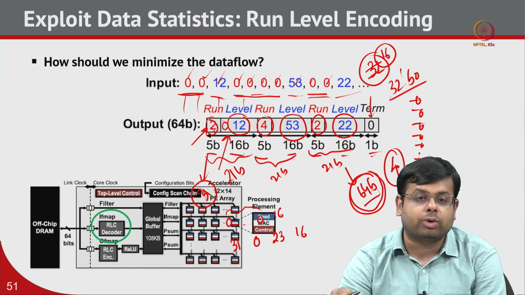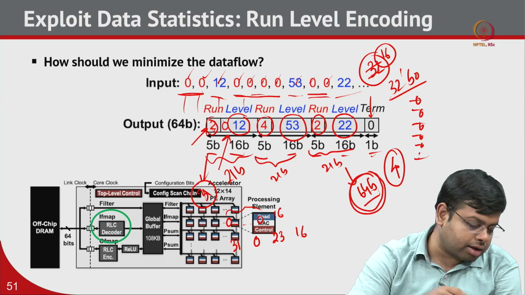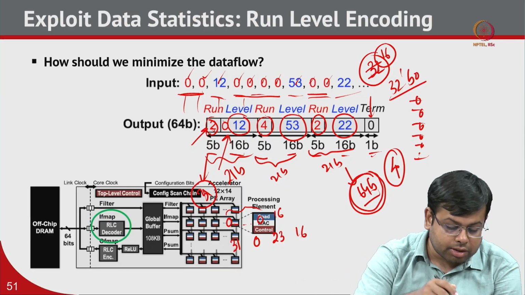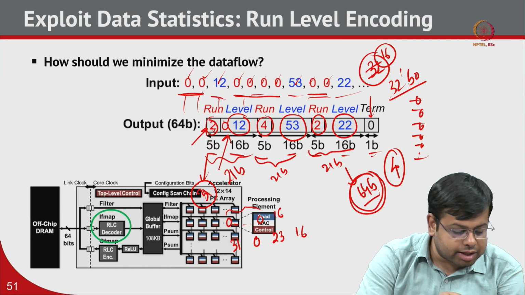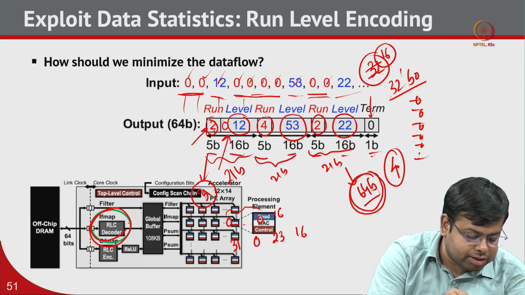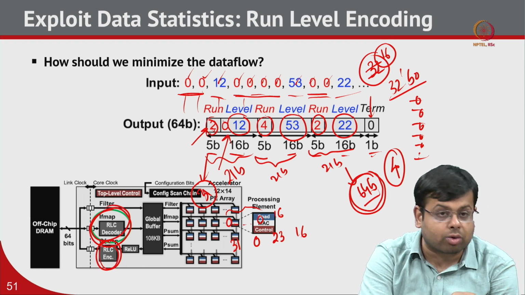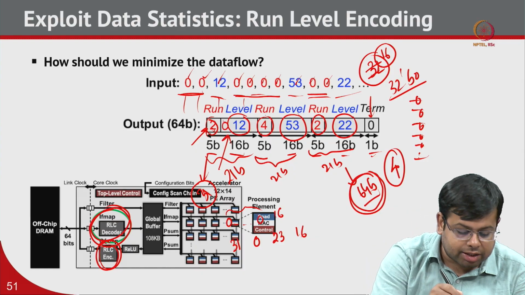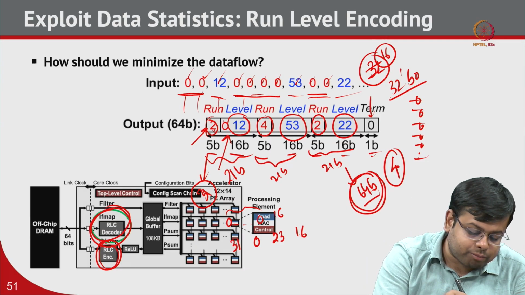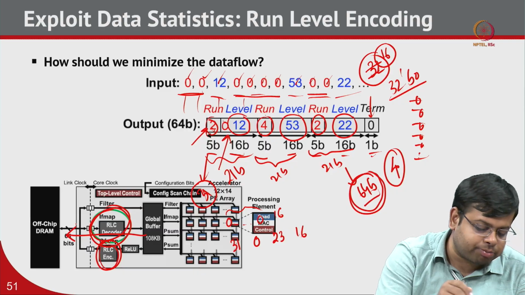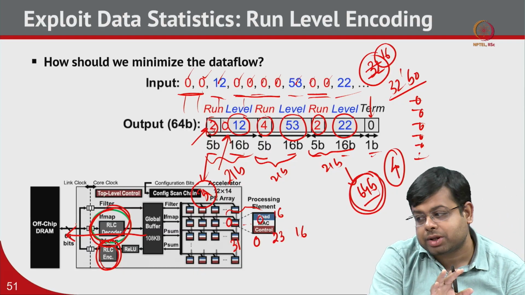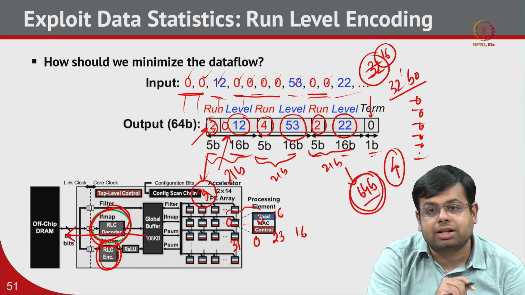I hope you understand. Now, if you see the architecture, they have the RLC encoder and RLC decoder. Whenever the data is going from the global buffer towards the off chip memory, they are compressing the data through this RLC coding.